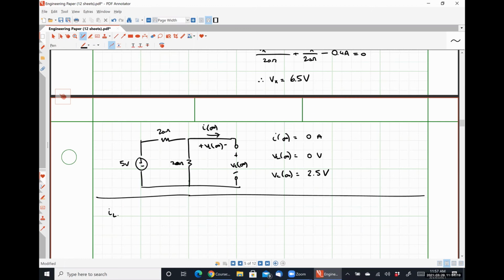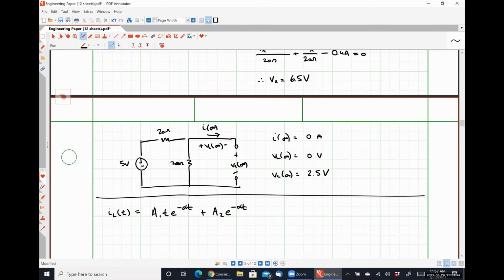Our inductor current, IL of T, because this is critically damped, should be of the form A1 T e to the minus alpha T plus A2 e to the minus alpha T. This would be the case if we didn't have a source still in the system.